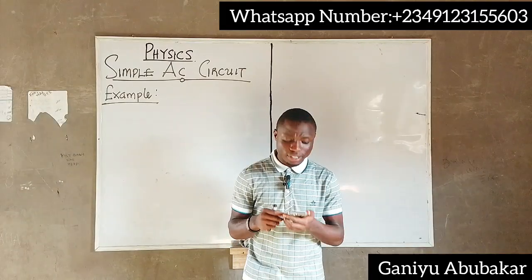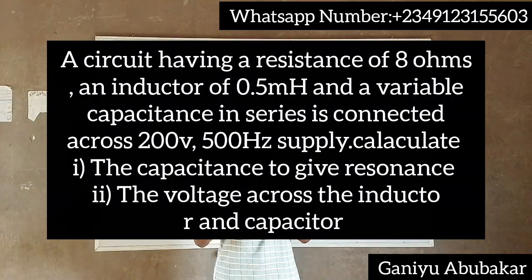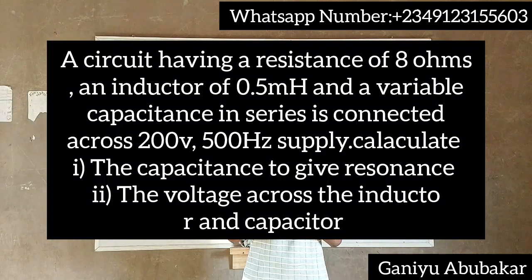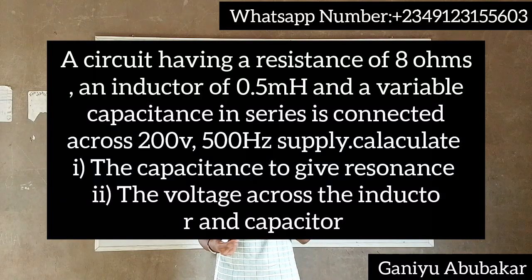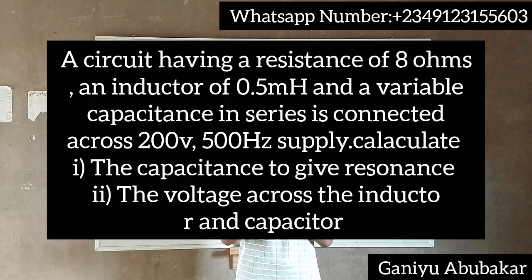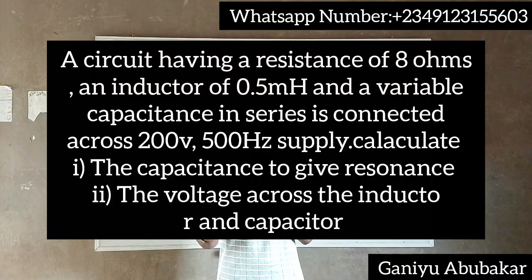It says a circuit having a resistance of 8 ohms and an inductor of 0.5 millihenry and a variable capacitance in series is connected across a 200 volts, 500 Hz supply.